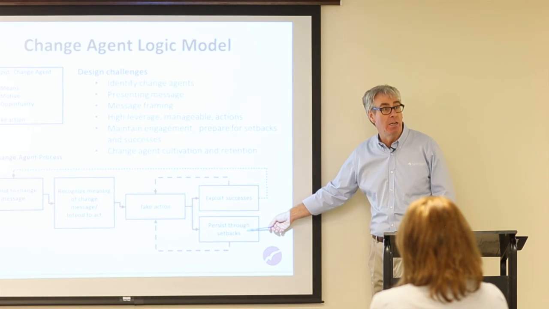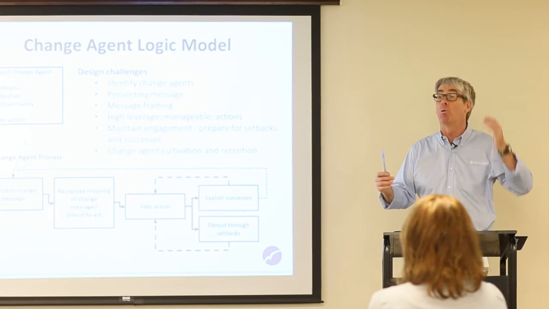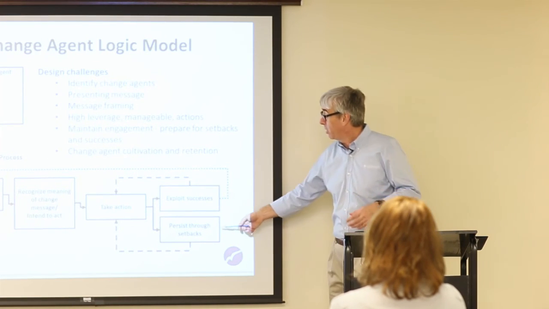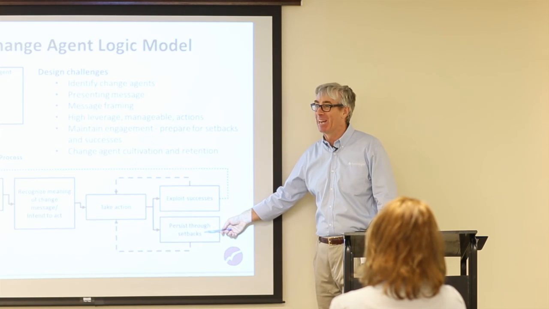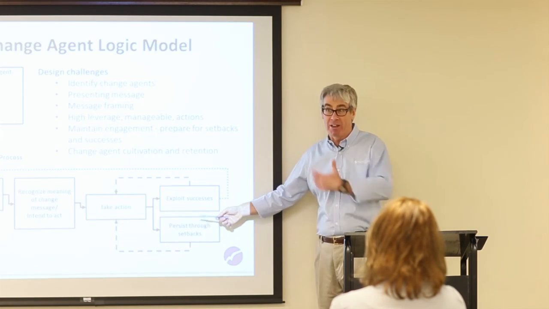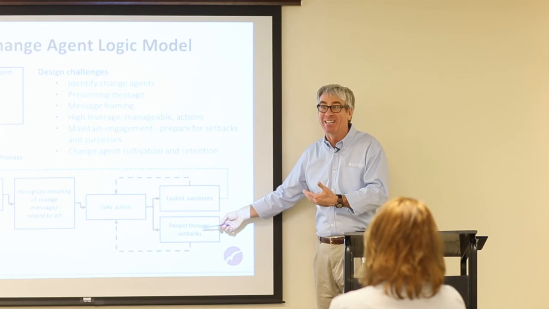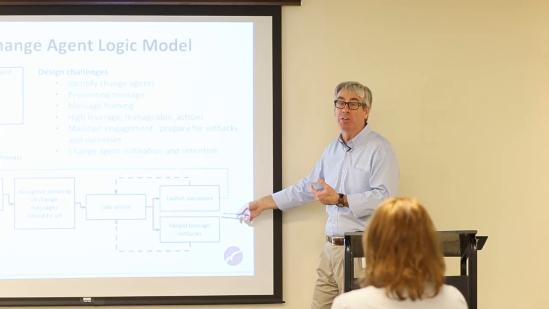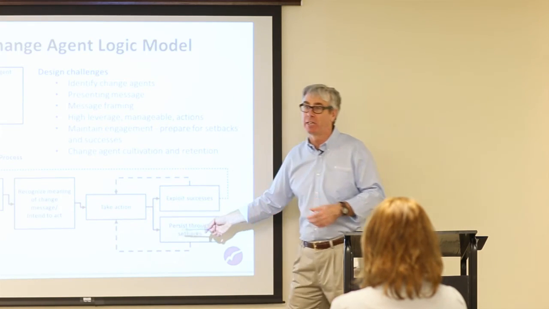And persisting through setbacks: if we can let people know at the front end, or when they've experienced it, you know what, you're changing the world. It's not unusual to have setbacks. We can learn from that and move forward. If they can be inoculated against those types of failures, or learn to interpret them as part of the natural process, then they're more likely to take action.